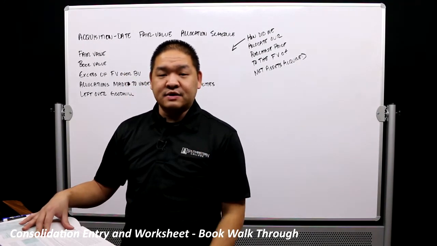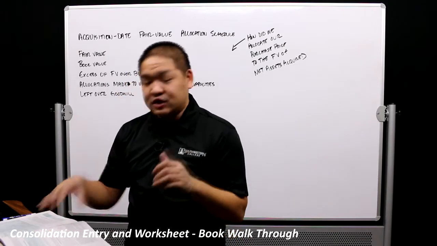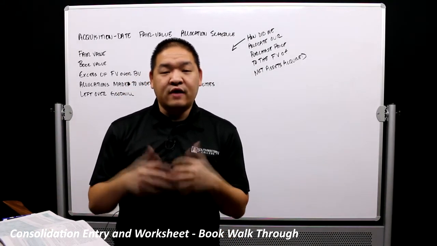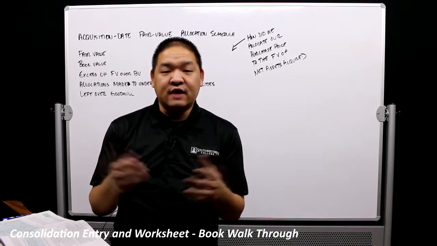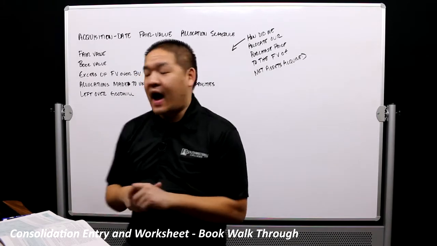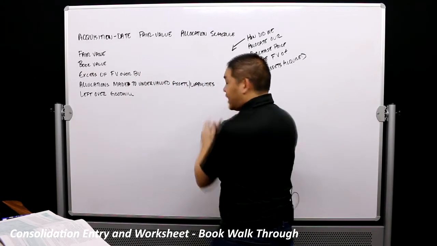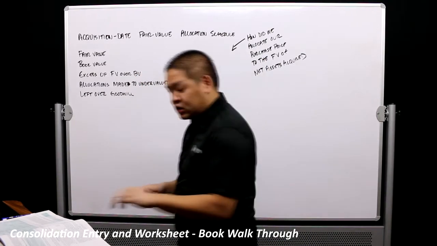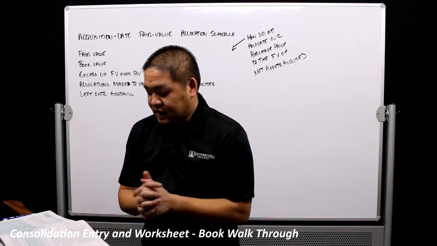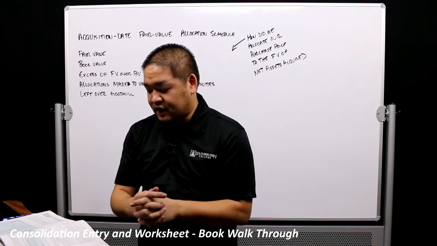We're going to step that back up to 50,000. So of the $2.02 million of overpayment, I guess you could say, of book value, $1,950,000 is going to be allocated to undervalued assets. That leaves us a goodwill of $70,000. So those are excess fair values that are not identified with a specific asset.